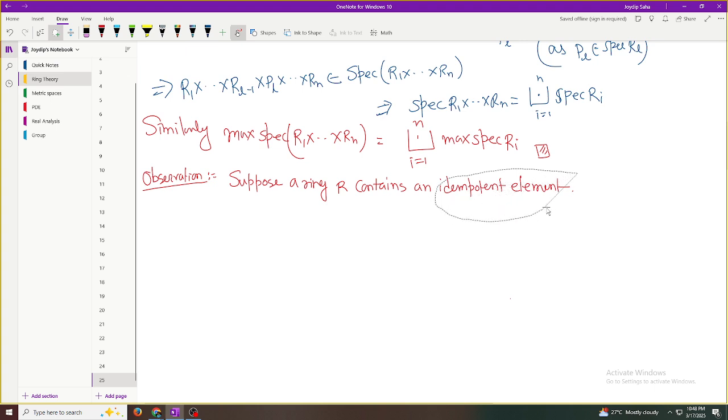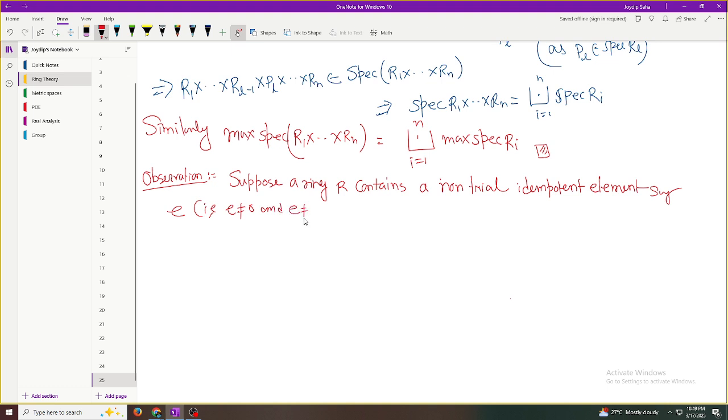Suppose a ring R contains a non-trivial idempotent element, say E, that is, E is not equal to 0 or 1.